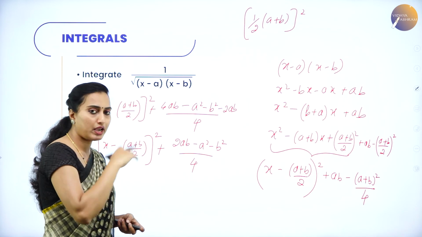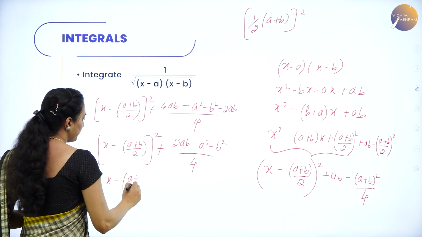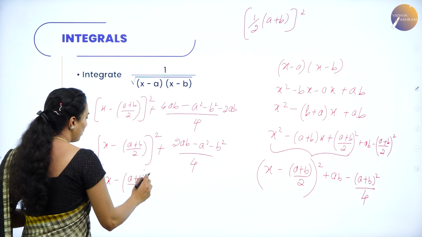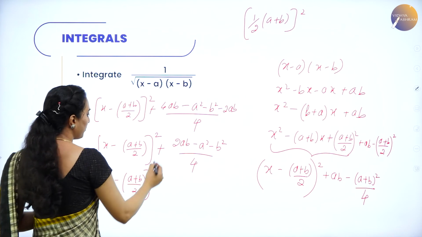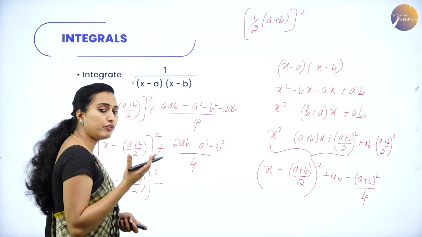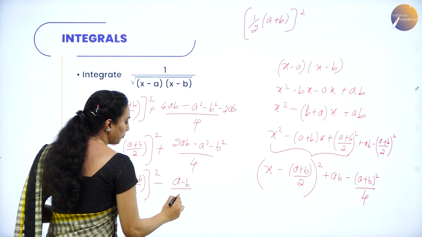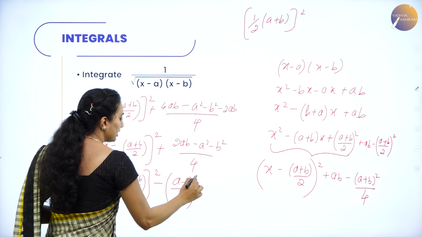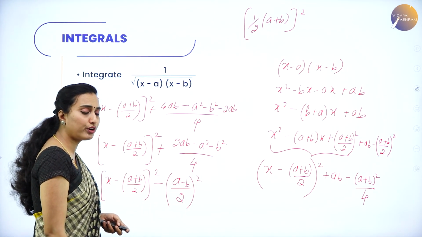Now if you take minus sign common, you have x minus (a plus b) divided by 2, whole squared, minus (a squared plus b squared minus 2ab), which is in the form of (a minus b) whole squared. So (a minus b) whole squared divided by 4, since 2 squared is 4. I hope you got this step.